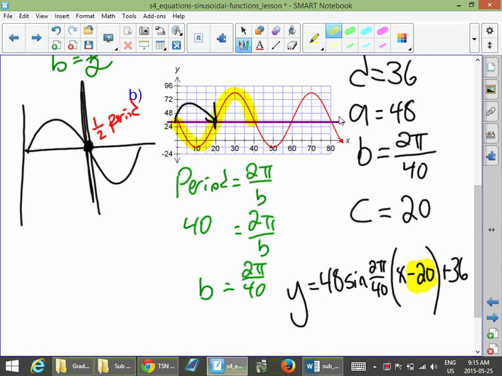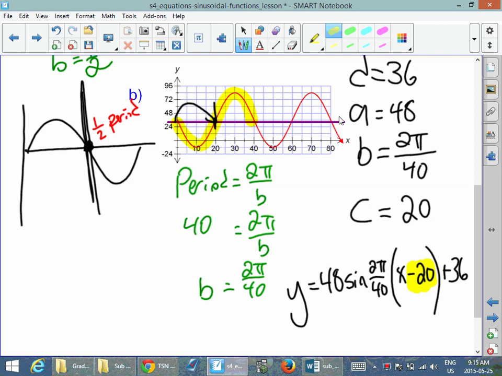Now, before we finish this one off, why is it minus 20? Remember when we did quadratics back in grade 11. Inside the bracket, if it was x minus 2 or x minus 4 or x minus 6, it meant we moved to the right that many units. And if you look back at the general form of the sine function that we defined in this lesson, you'll see that it was x minus c.